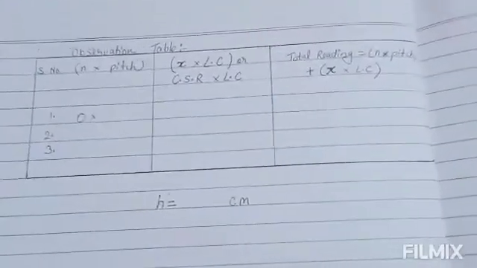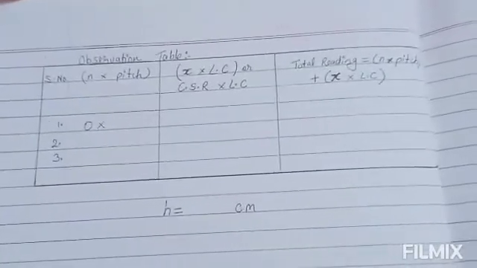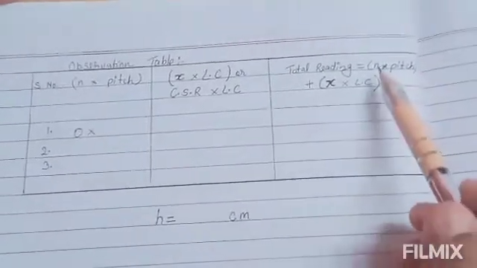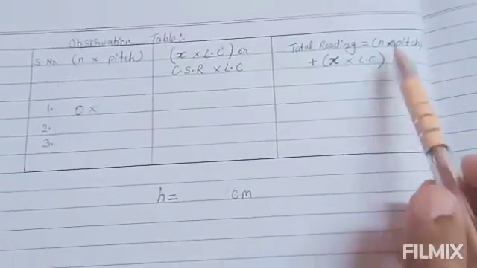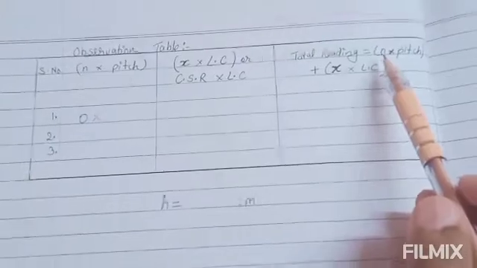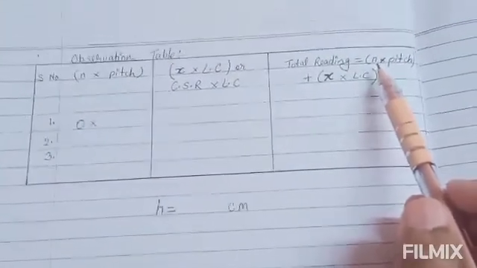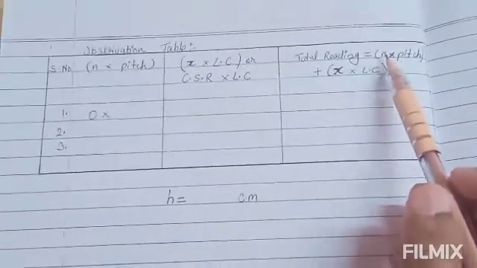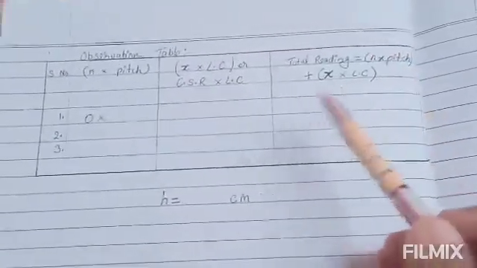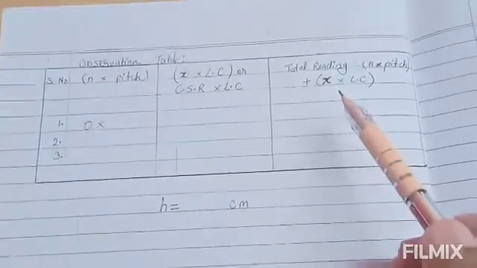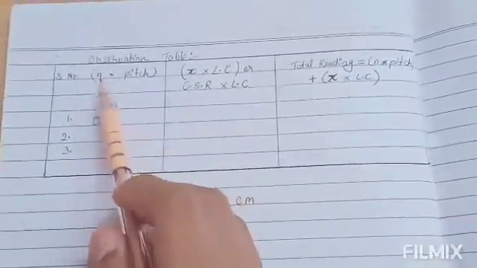Now we will calculate h. For finding h, the formula is n into pitch plus x into least count. Here n is the number of rotations between our reference point A and B. In this case, we had 0 rotations between reference point A and B, so I have written down 0 for n.